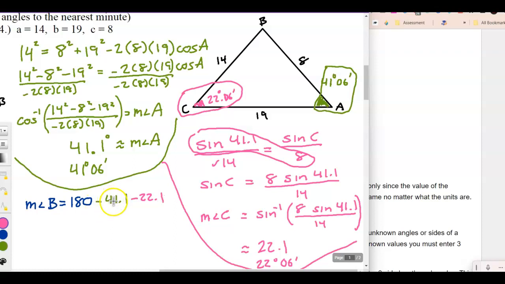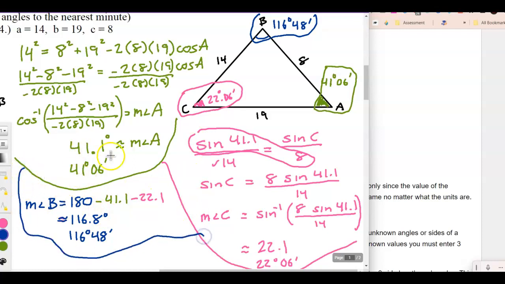Yeah, 116.8. Convert that, and it's going to be 116 degrees and 48 minutes. Alright, good. And we have solved everything that was missing, which was the 3 angles.